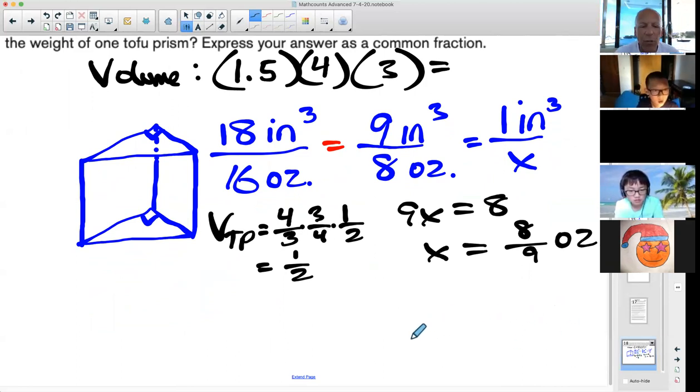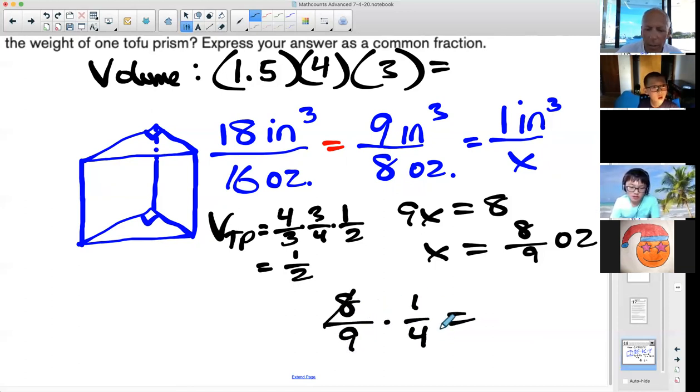So who said 2/9 and can explain why? Me, I said 2/9 because you divide 8/9 by 4 to get 2/9 or something. Yeah. Well, if you divide it by 4, you get 2/9 ounces.